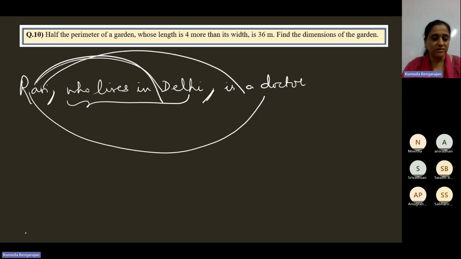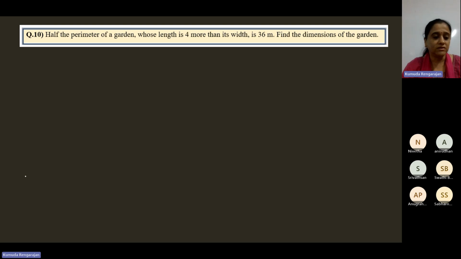In the same way here, you can see the comma. Half the perimeter of a garden, comma, whose length is 4 more than its width, comma.